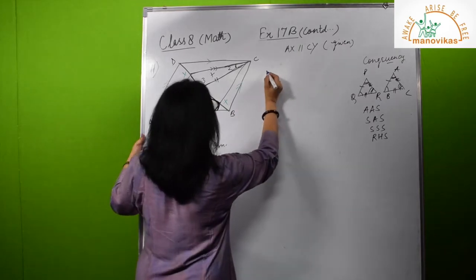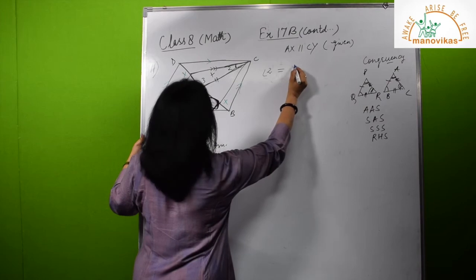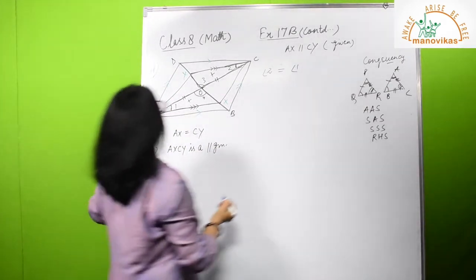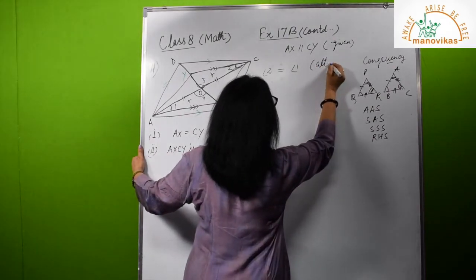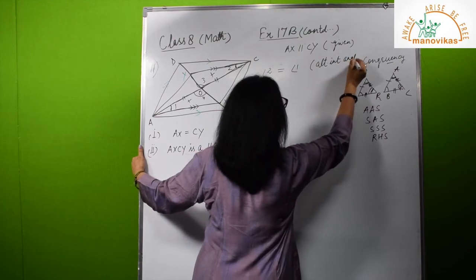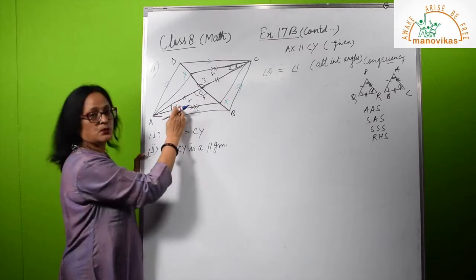These angles are equal. So angle 2 is equal to angle 1. Why? They are alternate interior angles. Okay? These two angles are equal.